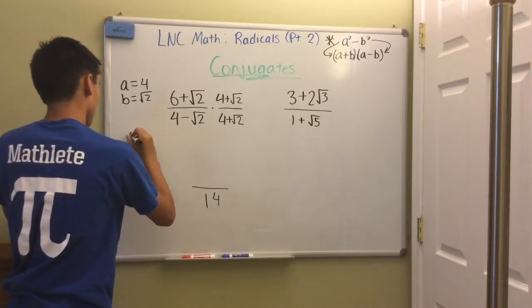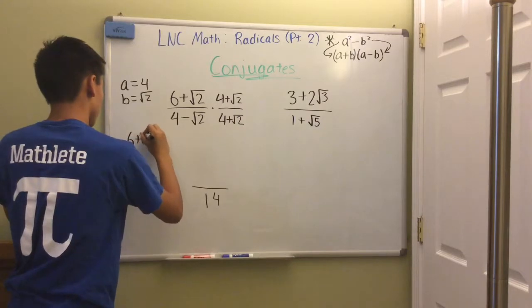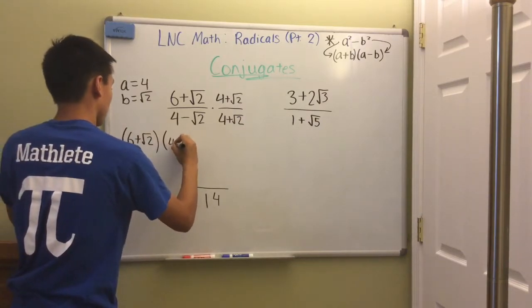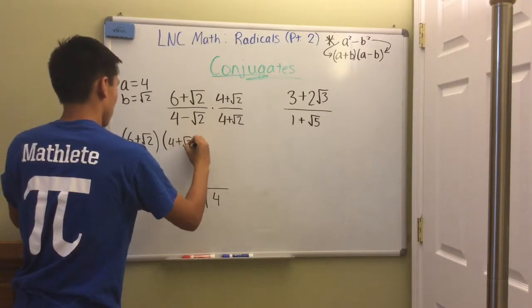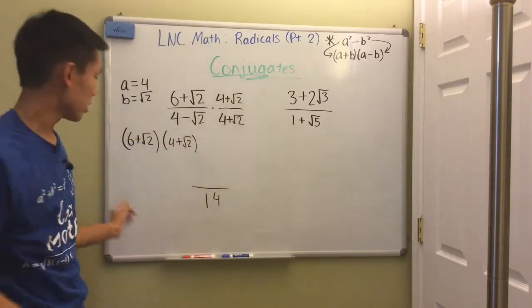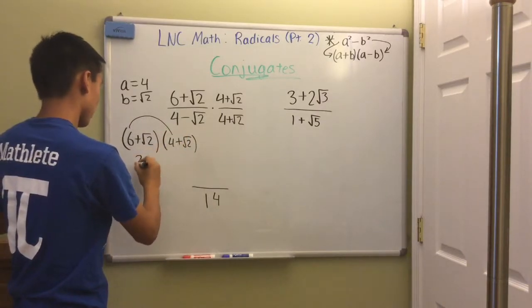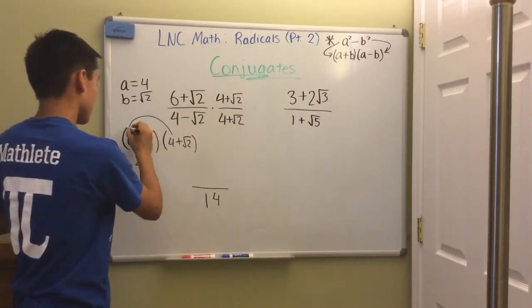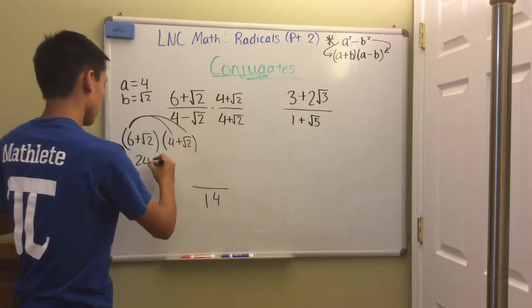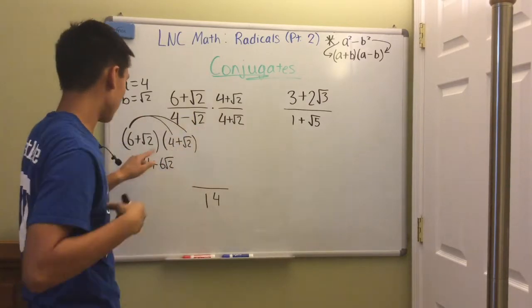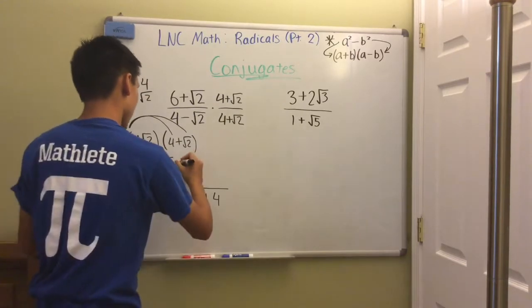So let's start multiplying. 6 plus root 2, in parentheses, times 4 plus root 2. You do the first one: 6 times 4 is 24. 6 times root 2 is positive 6 root 2. Root 2 times 4 is 4 root 2.